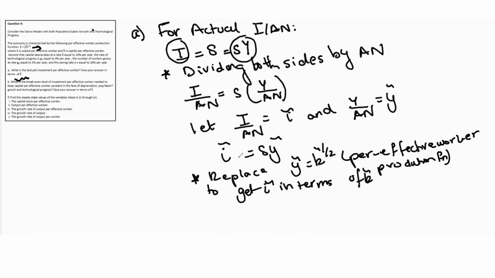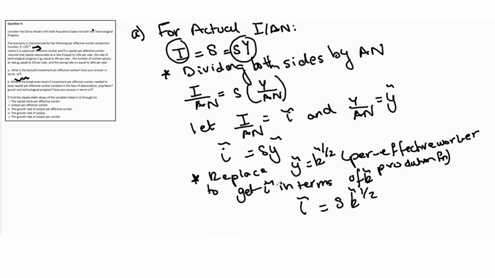Over here we have investment per effective worker in terms of output per effective worker, but the question says we want it in terms of capital per effective worker. So we use the per effective worker production function to get I tilde in terms of K tilde. Then I tilde is equal to s K tilde to the power 1 by 2.